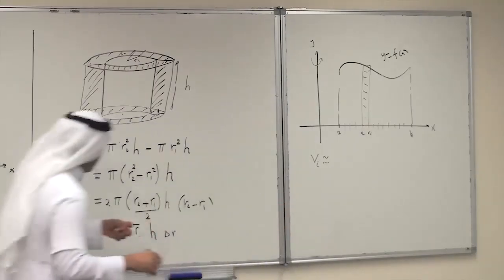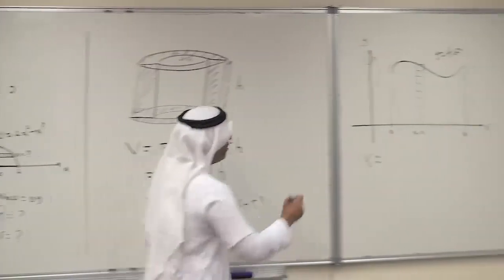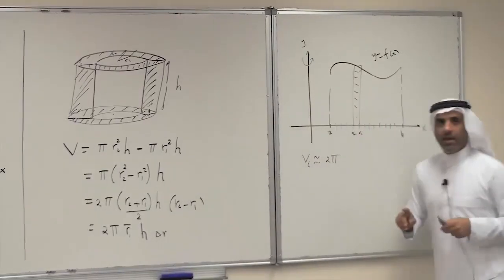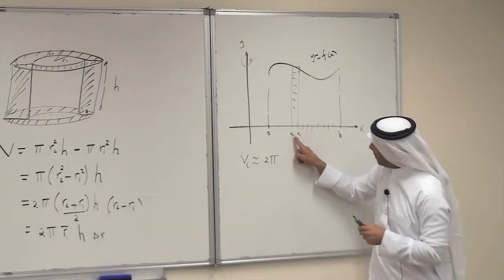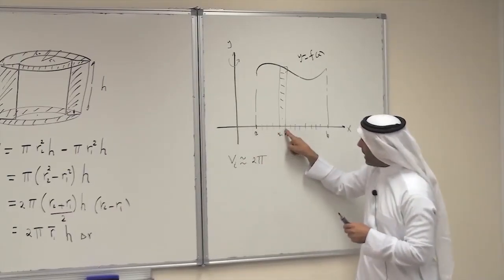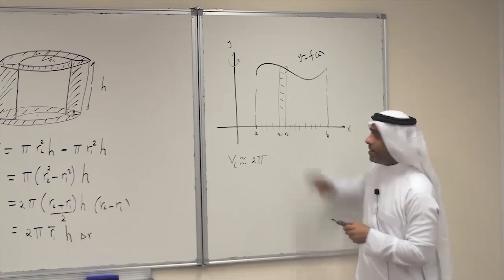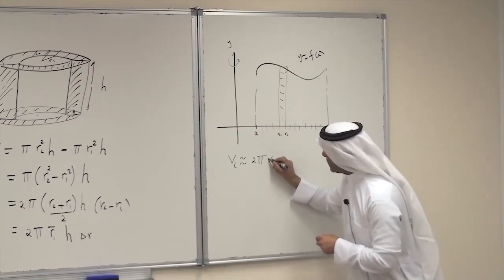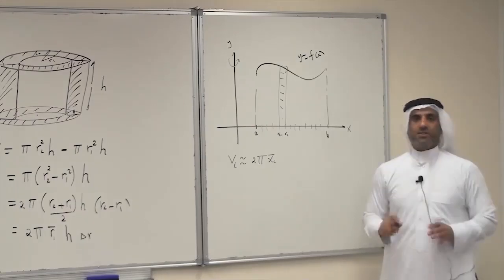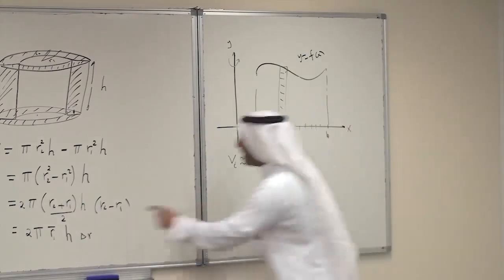According to the formula we found here, it is 2 pi times the average radius, meaning I will not take x i minus 1, I will not take x i, I will not take this distance, I will not take that distance, I will take the distance at the middle here. So what I will write here, I will write x i bar, meaning the average radius. Okay, fine. What about this?